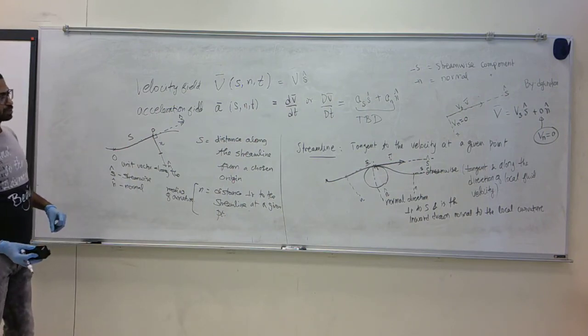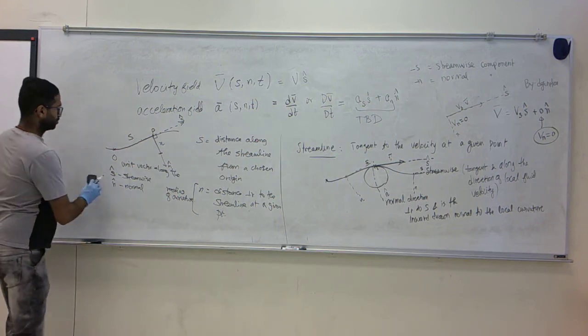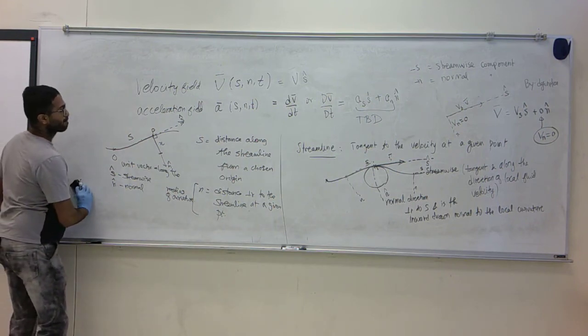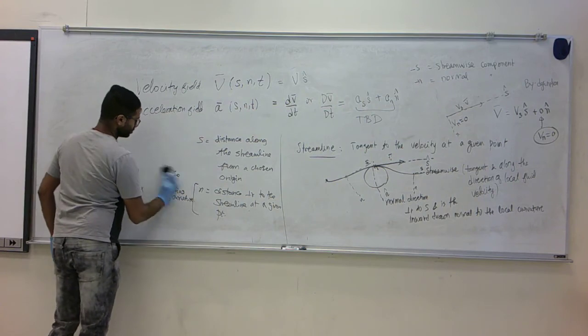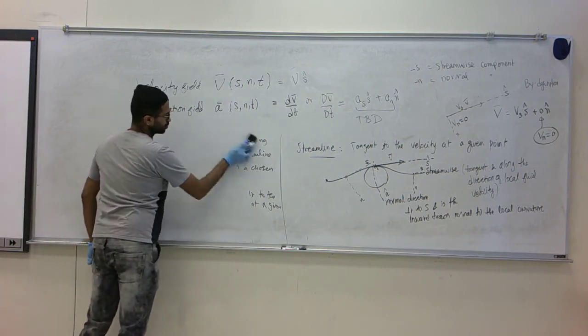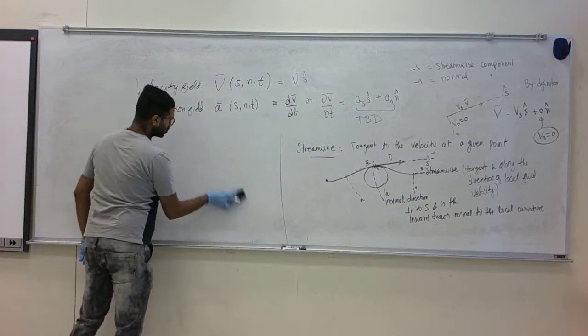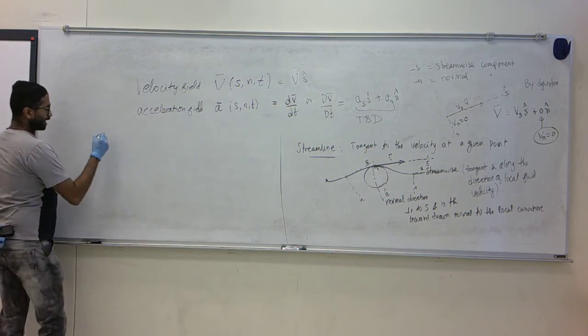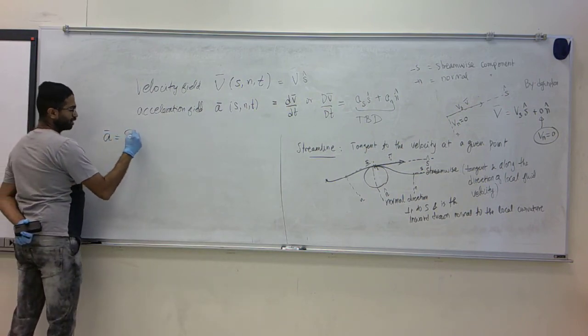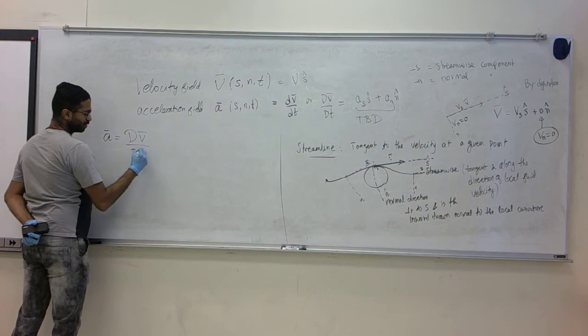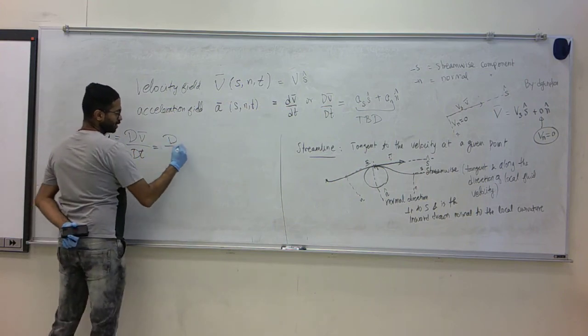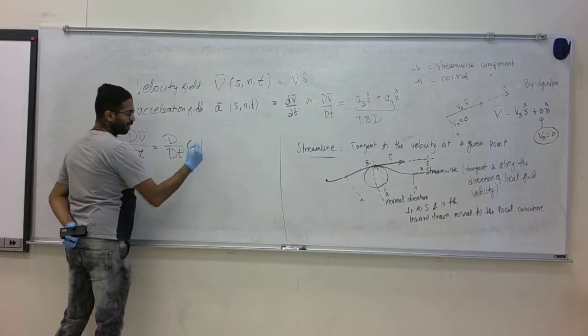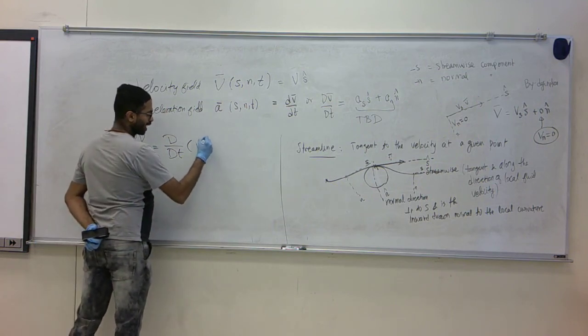So I have the acceleration equals the total derivative of the velocity with respect to time, which is the total derivative of the magnitude of velocity times S cap.